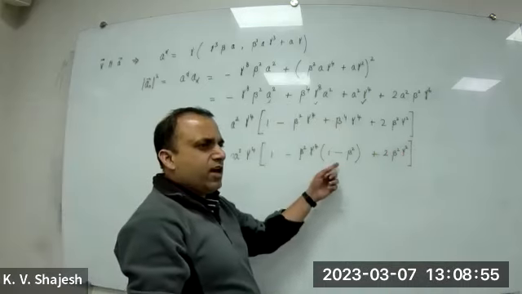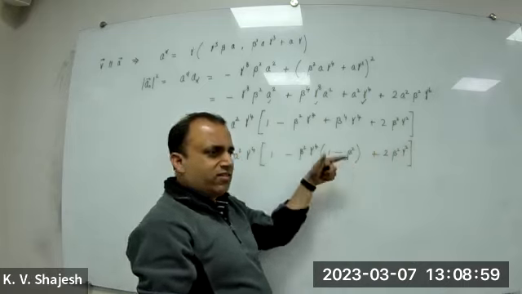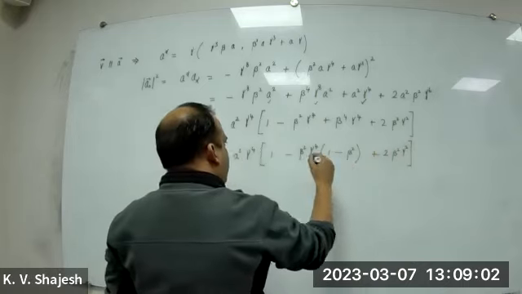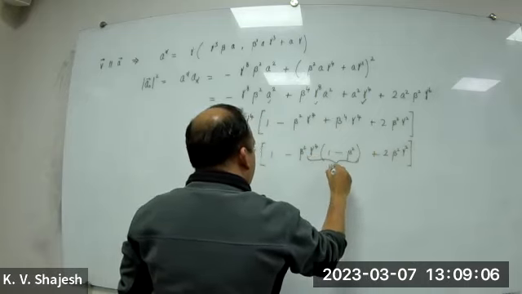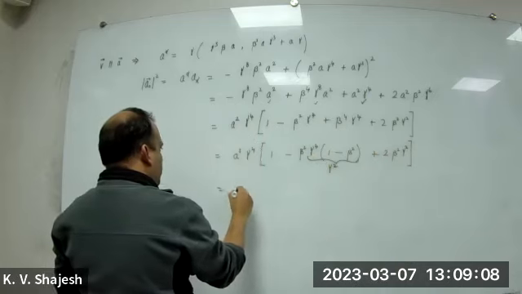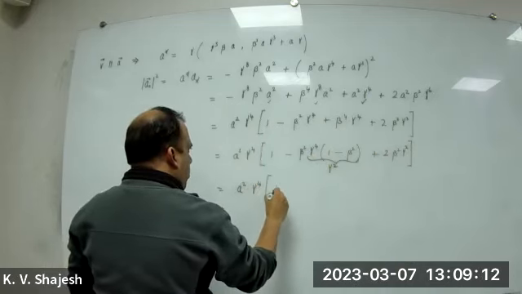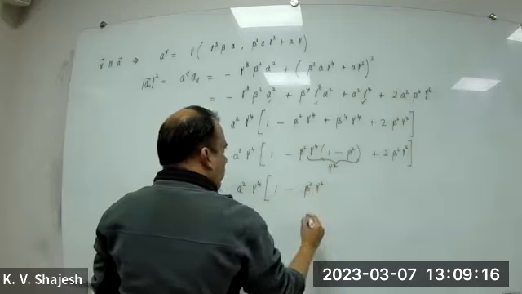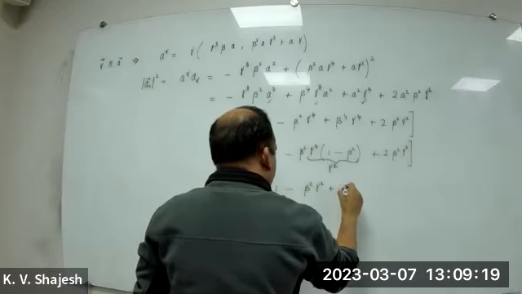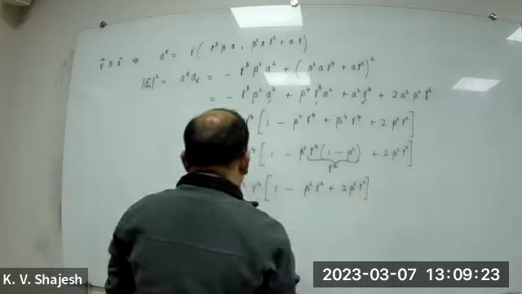This is gamma square in the inverse sense. So gamma this times this is gamma square. So that's equal to a square gamma raised to 4, 1 minus beta square gamma square plus 2 beta square gamma square.